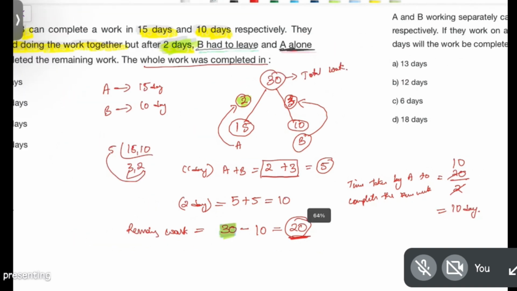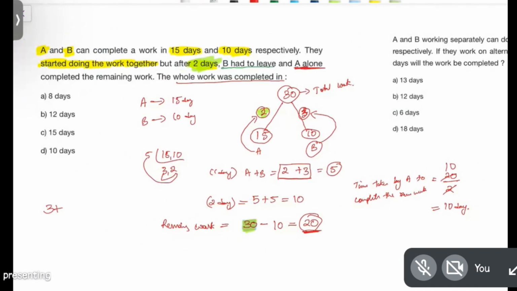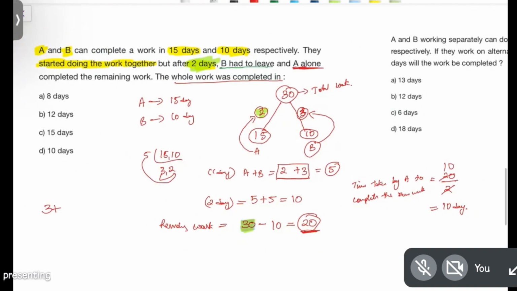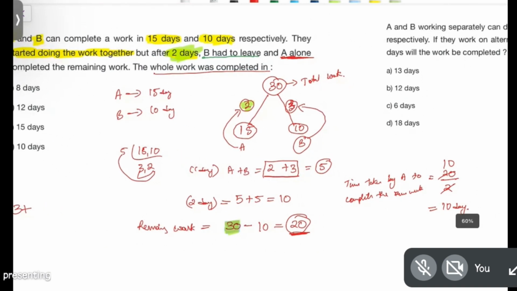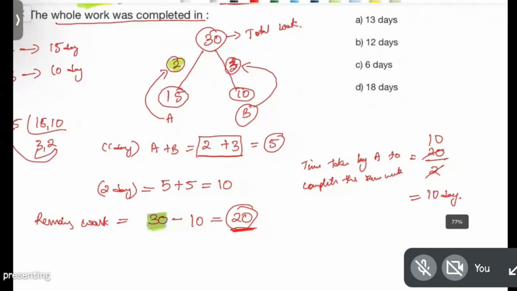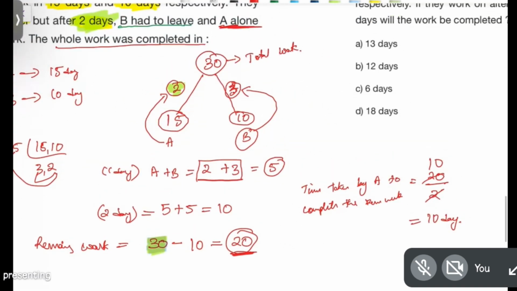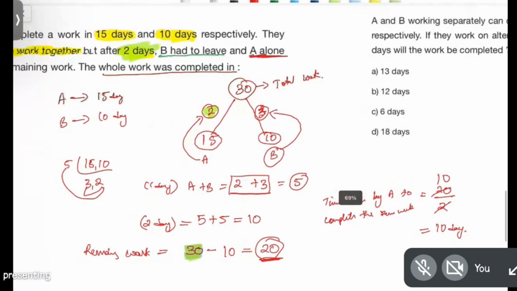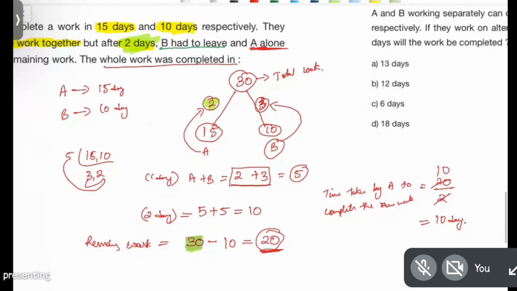Time taken by A to complete the remaining work. They worked together for 2 days, then B had to leave. So if A alone works, we are getting 10 days. That means A takes 10 days to complete the remaining work.